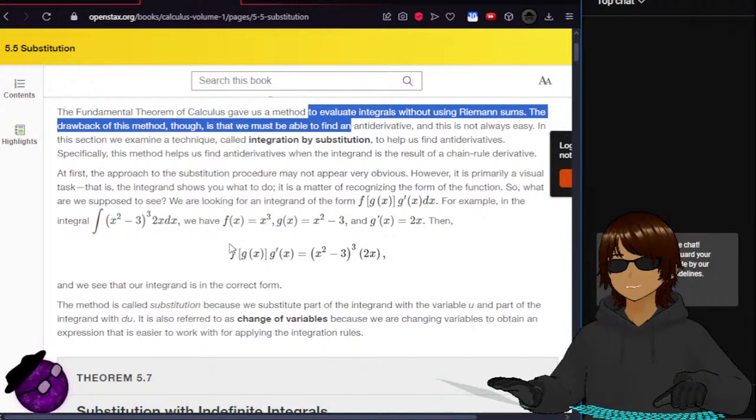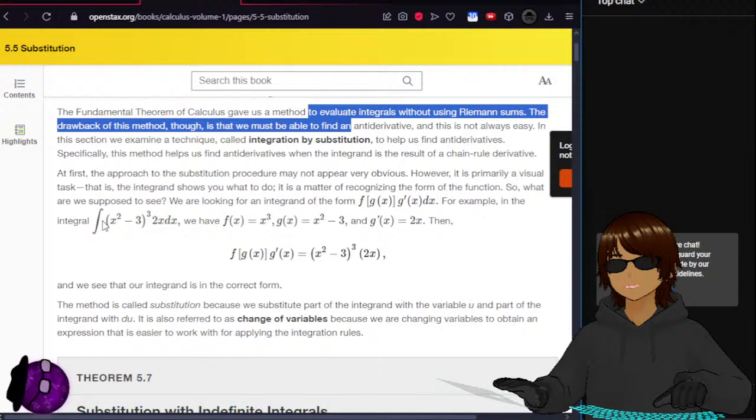Okay, let's see what they did. We are looking for an integrand of the form f of g of x times the derivative of g of x dx.